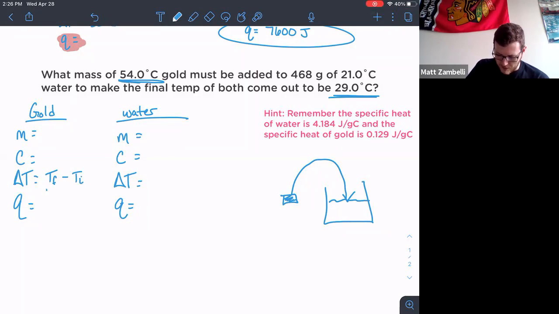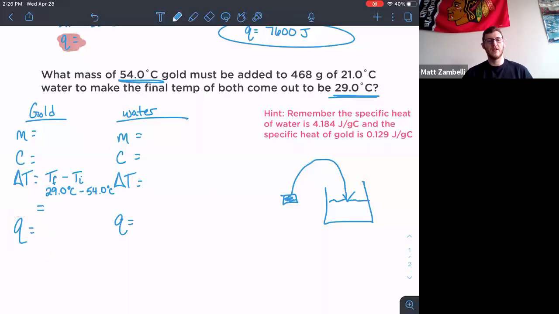We're going to do 29 degrees Celsius minus 54 degrees Celsius to find our change in temperature. So what should my change in temperature be? We do 29 minus 54. Awesome. It's a negative 25 degrees Celsius, because it's going to be a negative because it decreased in temperature.